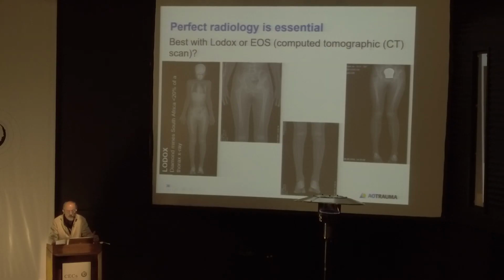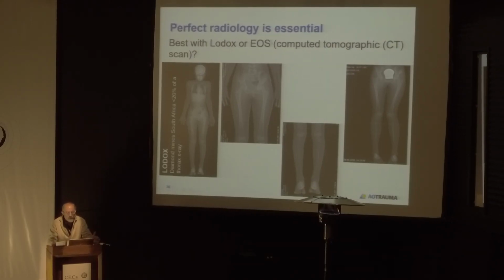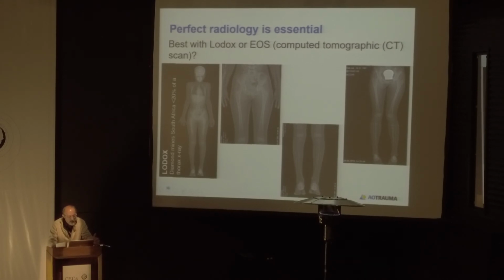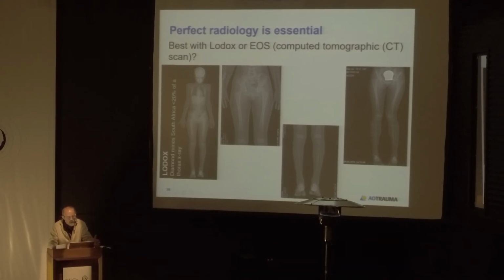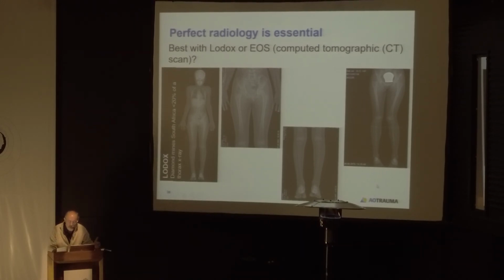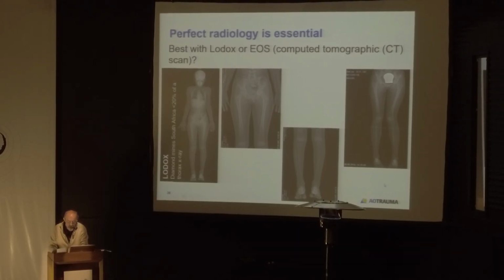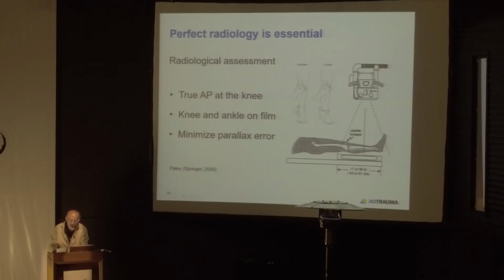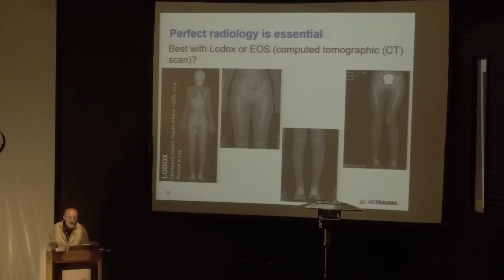This is the way. But nowadays we have, again, new equipment. This is the LODOX or the EOS. Computer tomography is also possible, but the EOS today is the modern one. In the EOS or LODOX, you get such pictures for planning, you see in this way or in this way, and the radiation for the patient is very low. This is in contrast to this. This has a very high radiation dose, and this has nearly none.